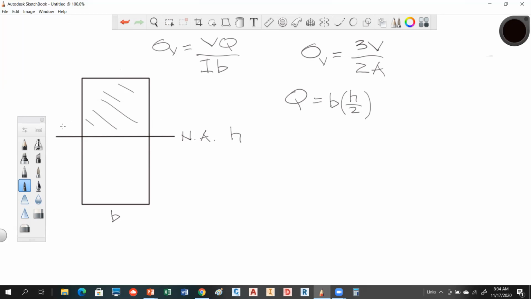And the distance from the neutral axis to the centroid would be half of height divided by 2, which is the same thing as h over 4. So if we simplify this, we have base times height squared divided by 8. I multiply my area times my centroidal distance from the neutral axis, and I get base times height squared divided by 8. Everybody follow me so far?